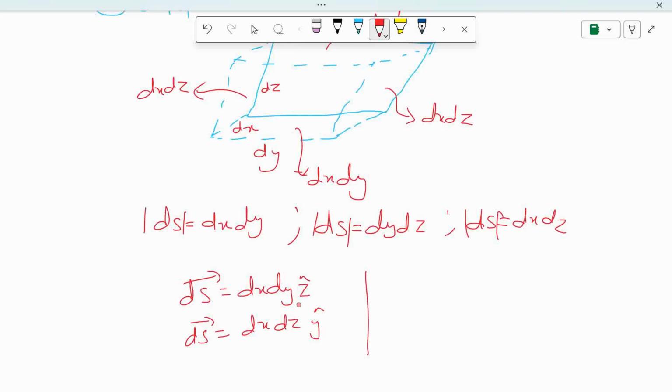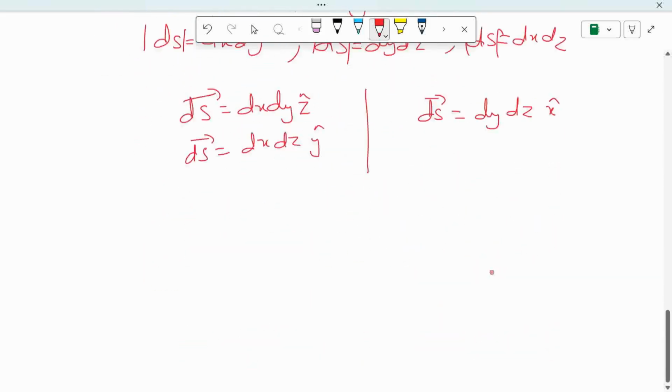So we just have to check which side the normal vector is on, or it can be dy dz x cap. Now the differential volume is nothing but dx dy dz. This is the volume of the parallelepiped.